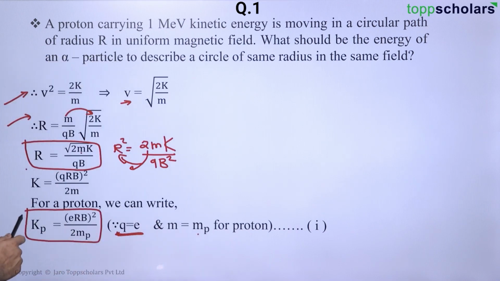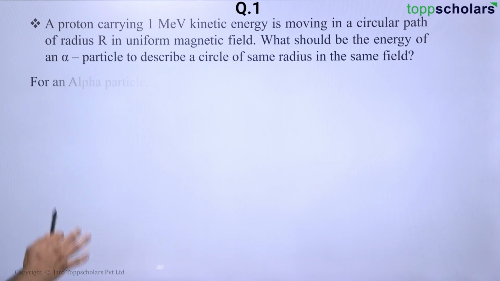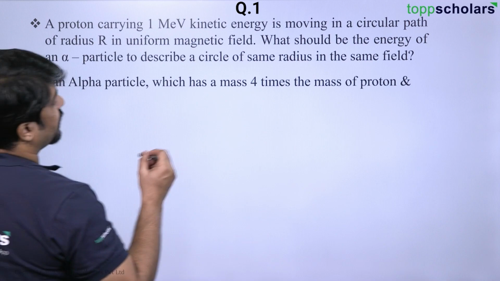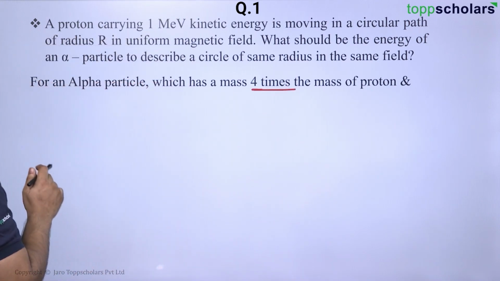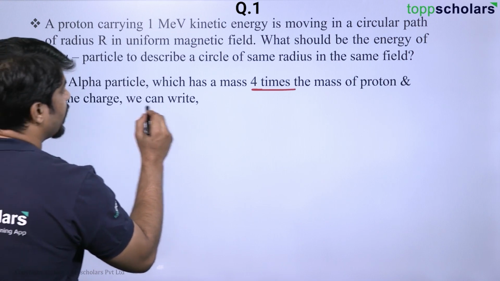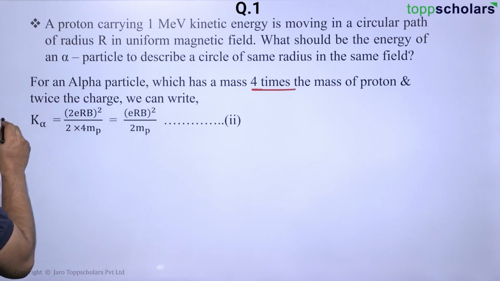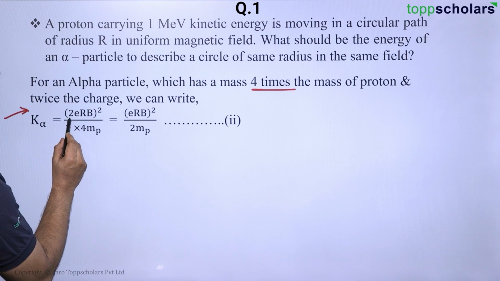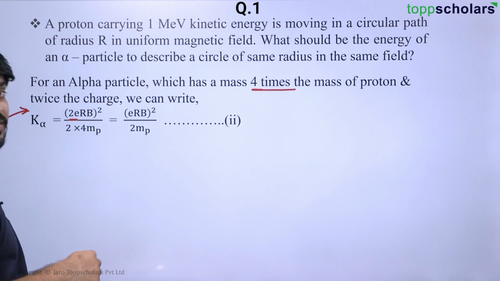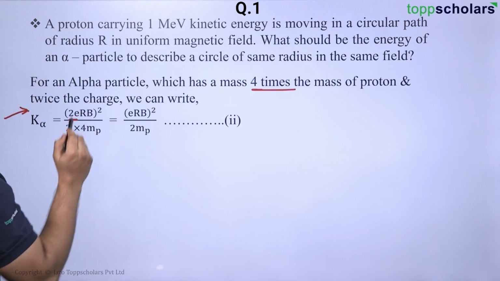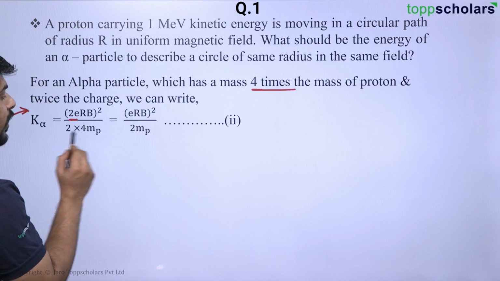So we have just put the values for proton over here, and this is the kinetic energy. Similarly, for an alpha particle which has a mass 4 times the mass of proton and twice the charge, we can write k alpha is equal to 2e rB whole squared upon 2 into 4 mp. Here, instead of just 1e, we have put 2e because it has twice the charge.